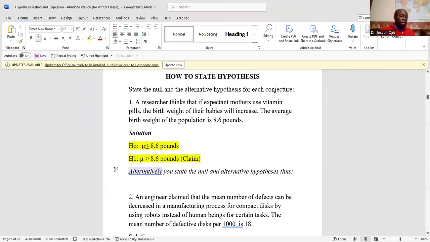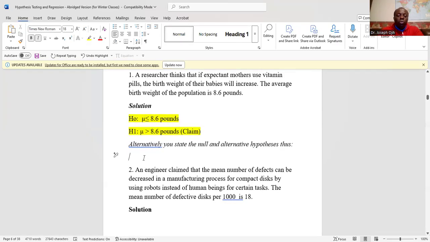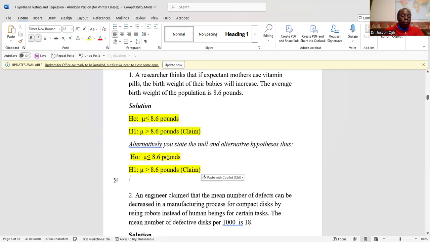Now some textbooks do it this way. They use an equal sign for all null hypotheses. That is not bad per se.